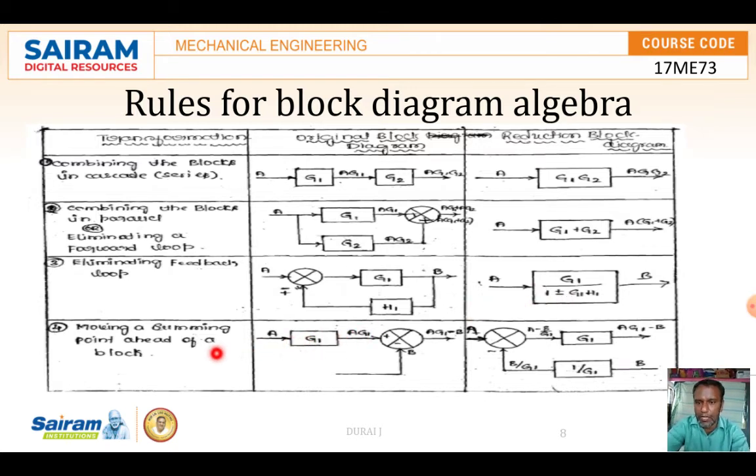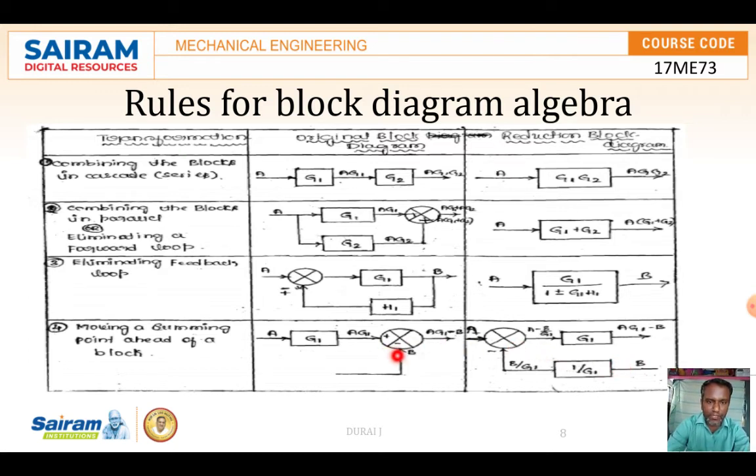Then comes moving the summing point ahead of the block. Whichever summing point is there, we are moving towards the left side, from right side to left side, ahead of the G1 block. So here B by G1, the block will consist of 1 by G1. Whatever G1 is there becomes 1 by G1 in the denominator. So what is the output value?